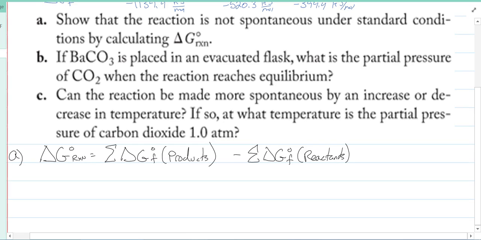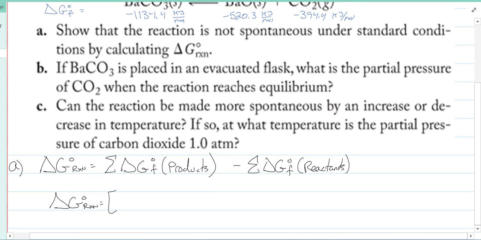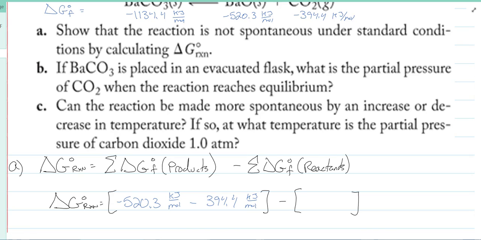So delta G standard of the reaction is equal to products: negative 520.3 kilojoules per mole minus 394.4 kilojoules per mole, minus negative 1134.4.